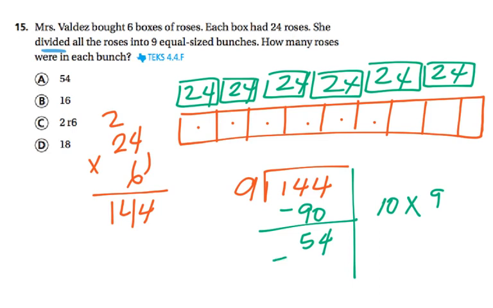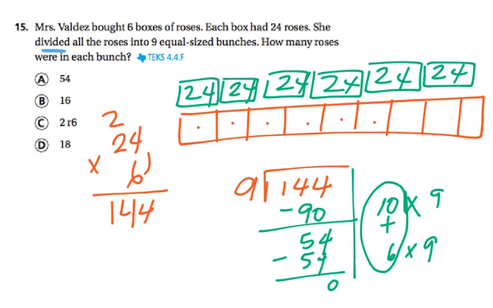And then I'm going to take out 54, because I know that 6 times 9 equals 54. So I can add my partial quotients up. 10 plus 6, that would be 16. Therefore, the answer to this problem is 16.